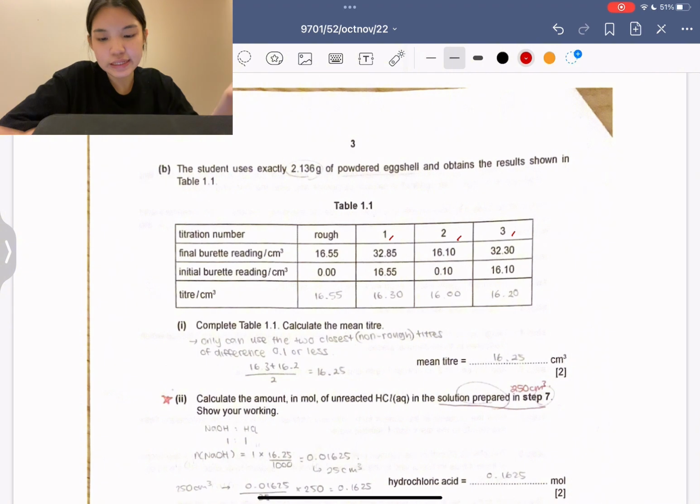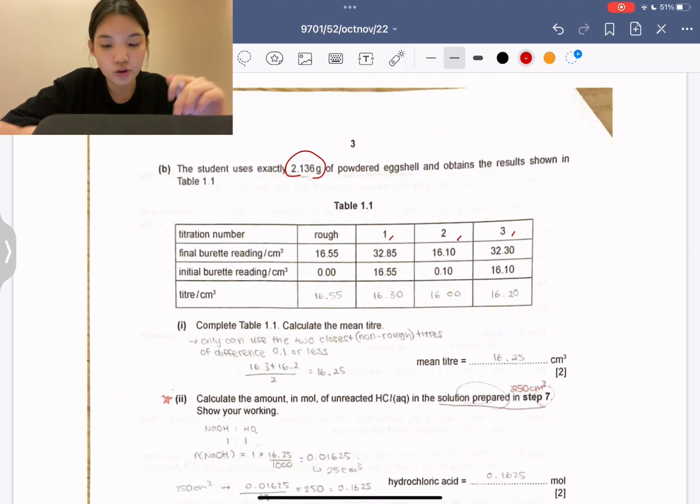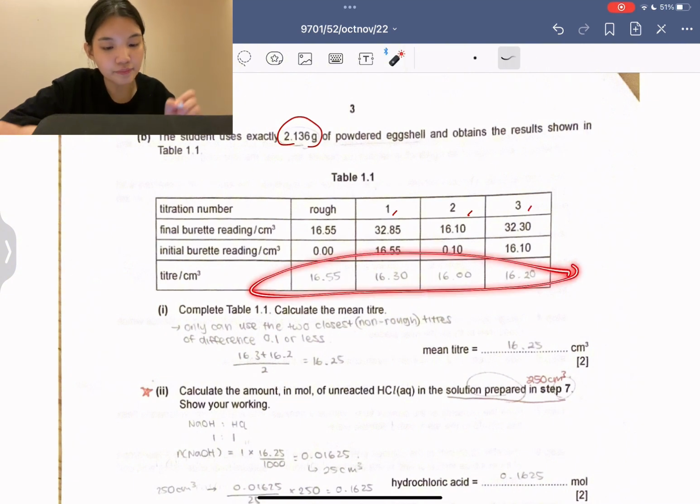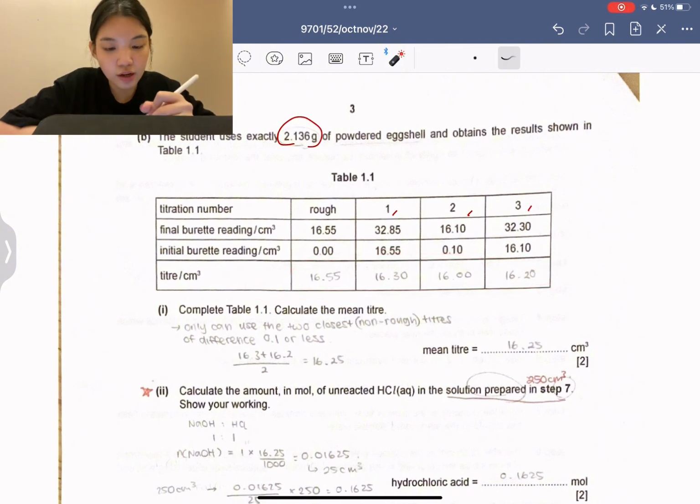For B, the student uses exactly 2.136 grams of powdered eggshell and obtains the result shown in table 1.1. In table 1.1, you should first fill in the blank spaces. This is done by subtracting the initial burette reading of 0.00 from 16.55 to form the titer 16.55.